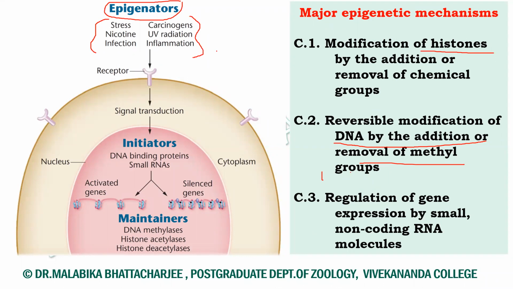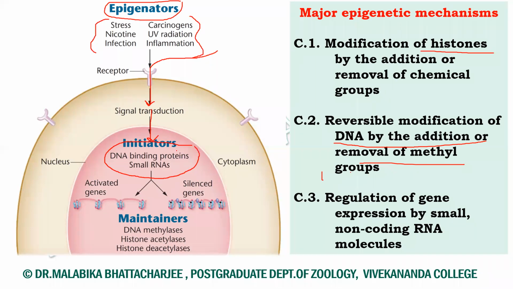Whatever that molecule might be, it binds with a receptor and starts a signaling process. Whenever a signaling process is started, it is otherwise known as signal transduction. This signal finally reaches the proteins that will now bind with DNA to bring about their structural modification.